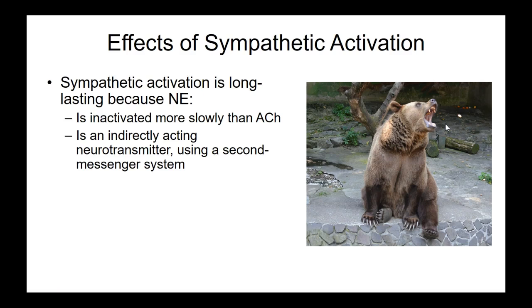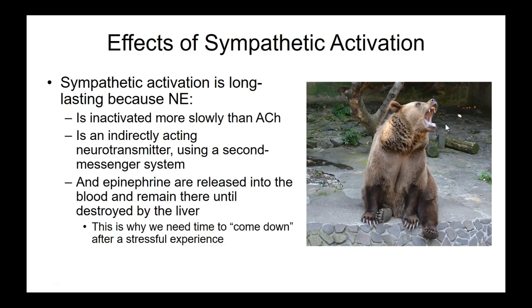So one of the reasons we stay a little bit elevated after a sympathetic nervous system activation is because it takes more time to reset that system because it's a second messenger system that has this ripple effect through the cell that needs to be reset. So that whole network changes. In order to change that network back to what it was before the activation, it takes time to do that.